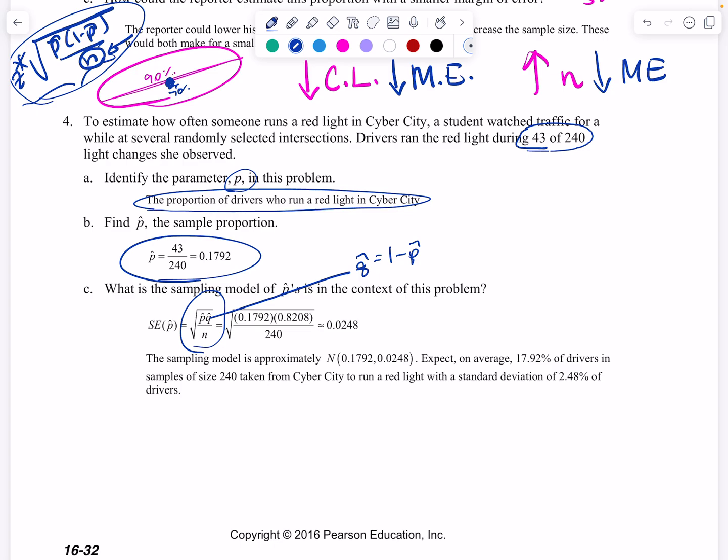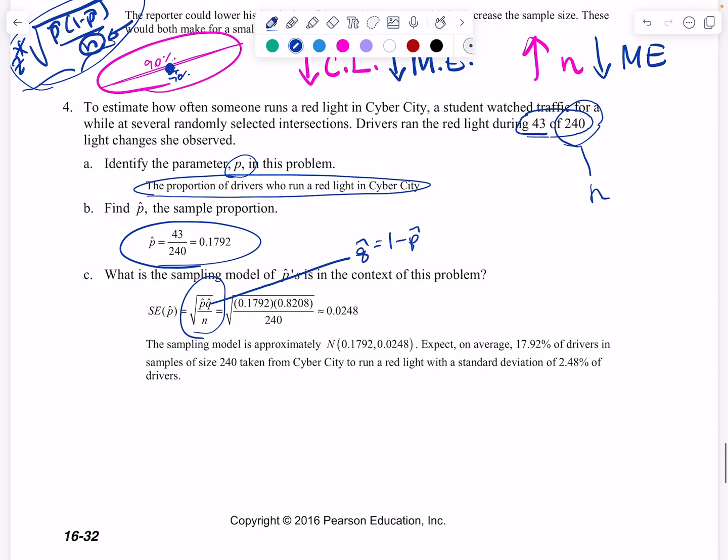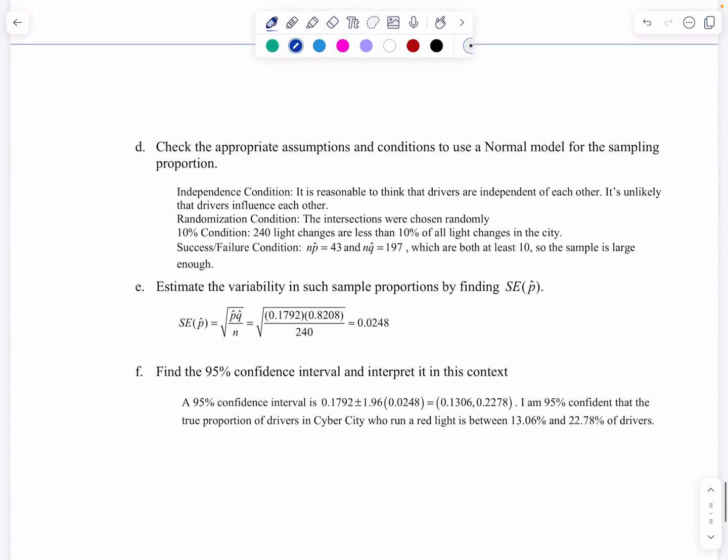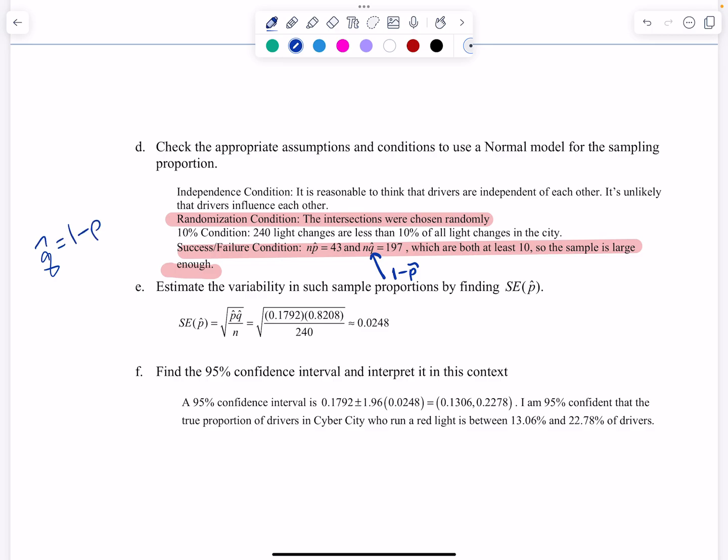And my n, it showed me, is right here. Conditions, the 2 conditions that I'm holding you accountable for is my randomization, and it was done randomly, and my success failure, which is the large enough sample. You have to check your np and your nq, which remember q is 1 minus p hat. It's the same thing. It's just another way of saying it.